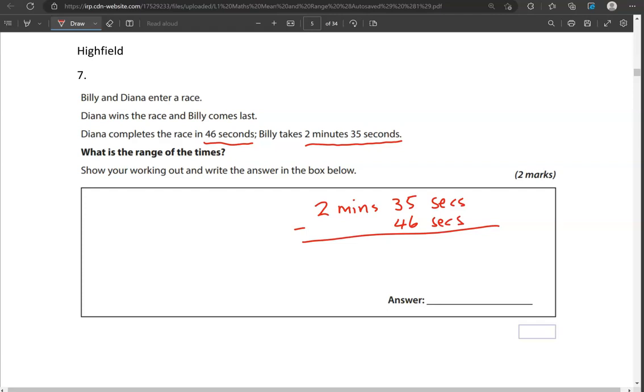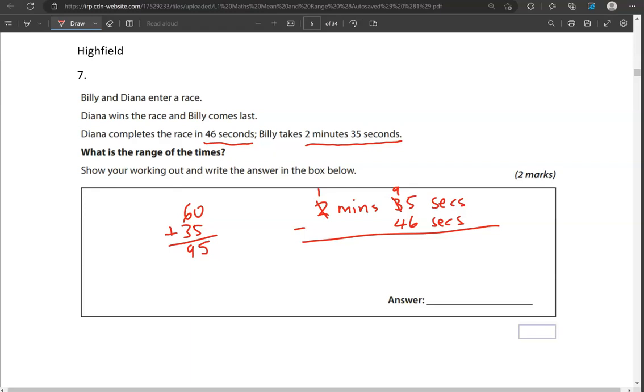So we're going to take away 46 from the 35, which means we've got to borrow. So I'm going to borrow 1 minute here. And don't forget that there are 60 seconds in 1 minute. So we add in 60 to 35. So that is 95. So this has now become 95.